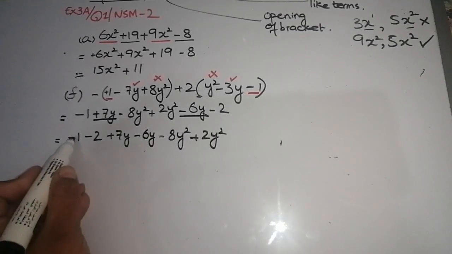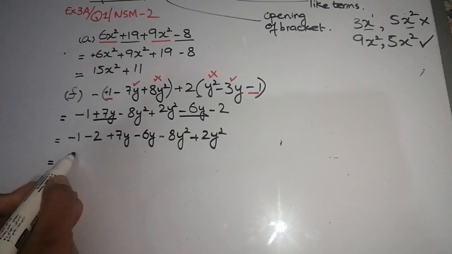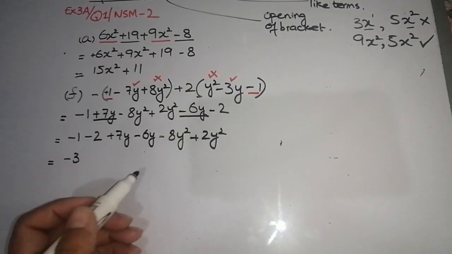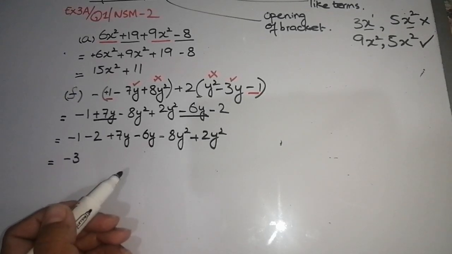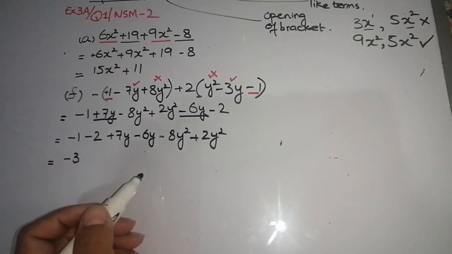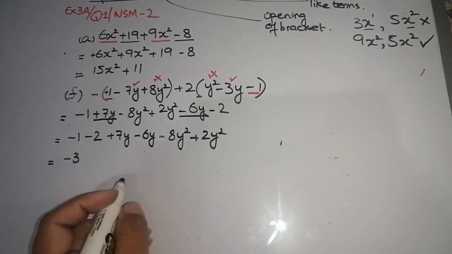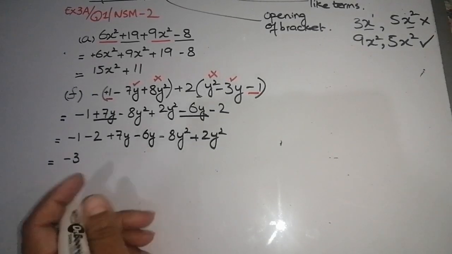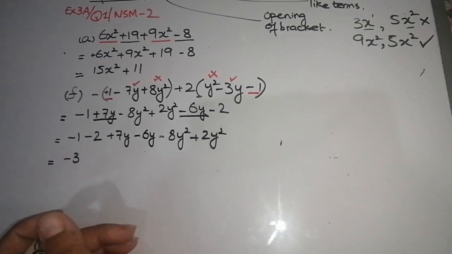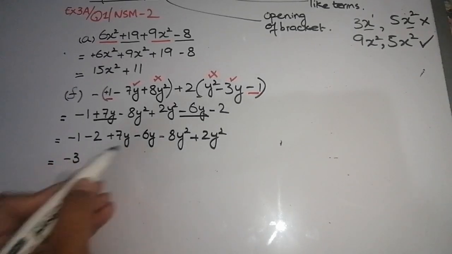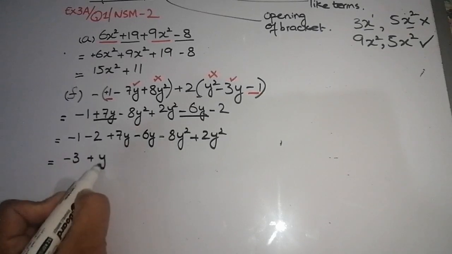So now I can combine. Minus 1 minus 2 is minus 3. Please remember, they are not multiplied together. It's a very common misconception. Whenever you say minus 1 minus 2, we quickly get to the answer, oh, it will be plus 2, because we multiply instead of adding them together. Then there's plus 7y minus 6y, it will be plus y.